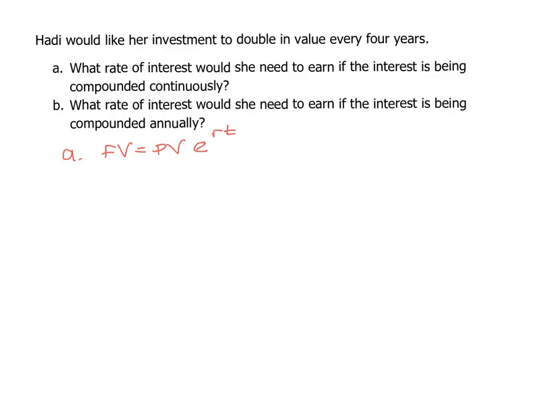And we know a couple of things, different types of information this time. We want our investment to double in value every 4 years. So my time is 4, and it's going to double in value. Also, our goal is to figure out what interest rate.